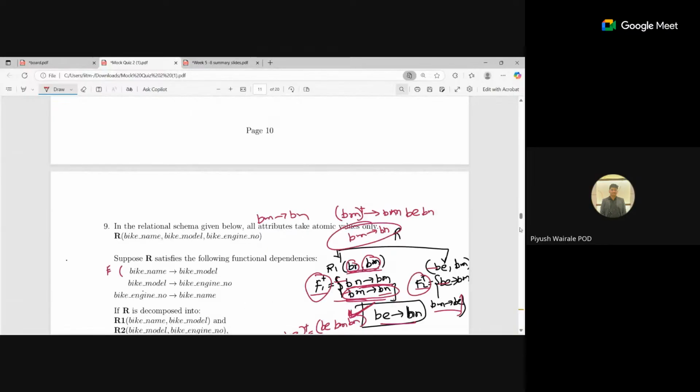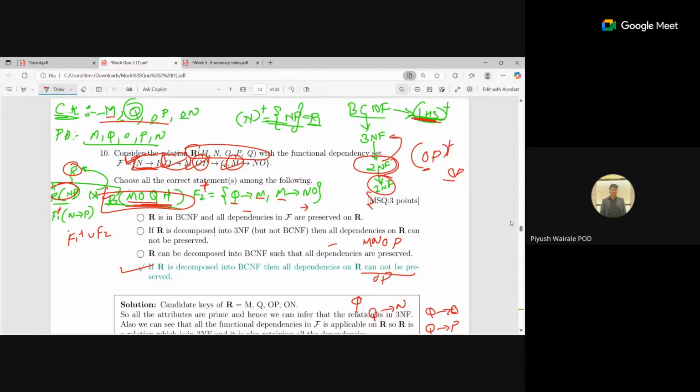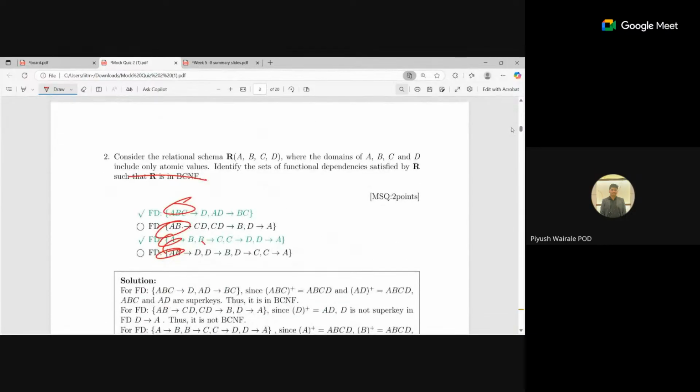Does anyone have any doubt in normalization or 4NF? So let's quickly discuss the remaining questions of week 5, week 6 here. For the BCNF condition, the left hand side must be a key of every functional dependency. If ABC is a key, yes. AD is a key, yes.